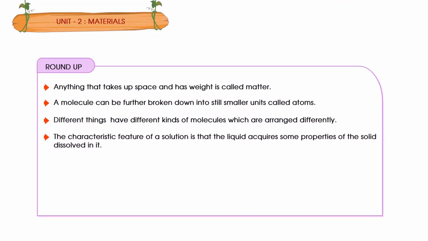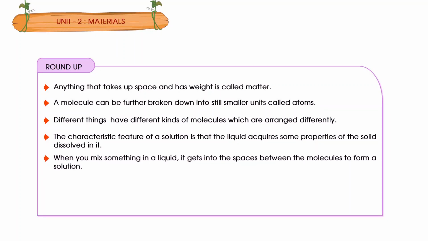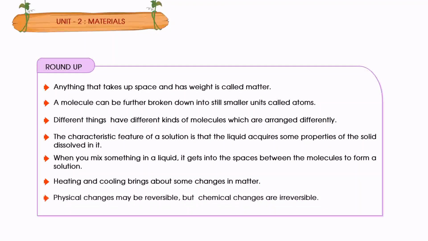The characteristic feature of a solution is that the liquid acquires some properties of the solid dissolved in it. When you mix something in a liquid, it gets into the spaces between the molecules to form a solution. Heating and cooling brings about some changes in matter. Physical changes may be reversible, but chemical changes are irreversible.